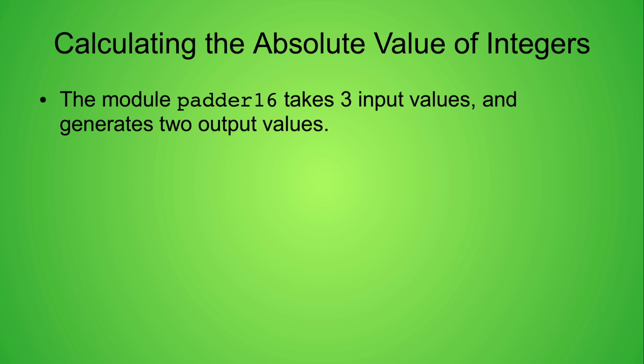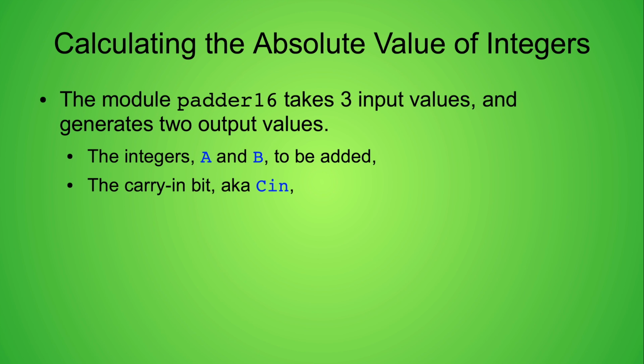By way of reminder, the default behavior of the padder.py script is to generate an adder circuit with 3 input values and 2 output values. The first 2 input values are the 2 integers to be added together. The generated circuit refers to these parameters as A and B. The third input value is the carry-in bit.